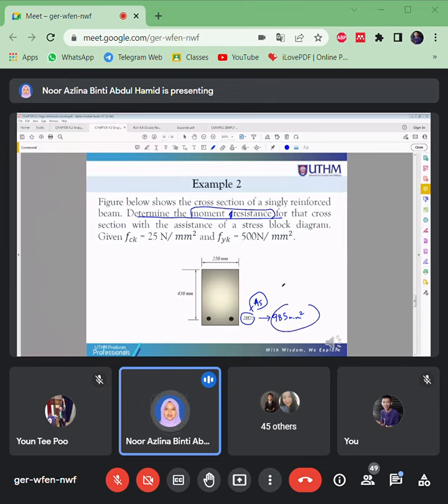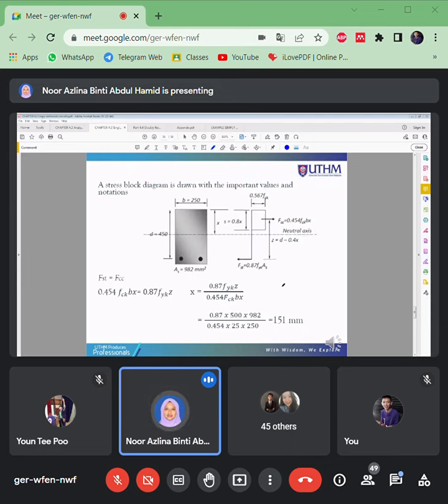Based on the stress block diagram equations. So this is the stress block diagram equation. That's why I remind you to understand and know how to sketch this diagram, because all the equations from the design are based on these stress diagrams.